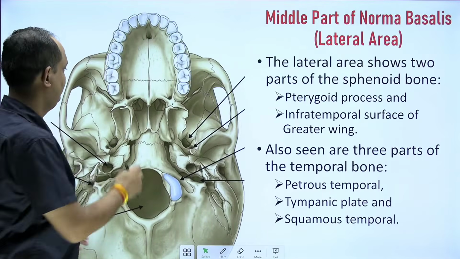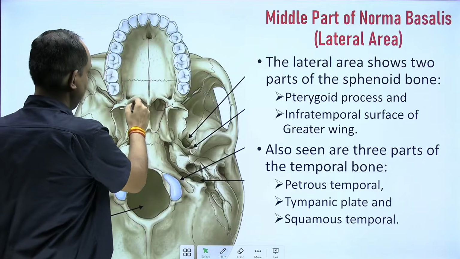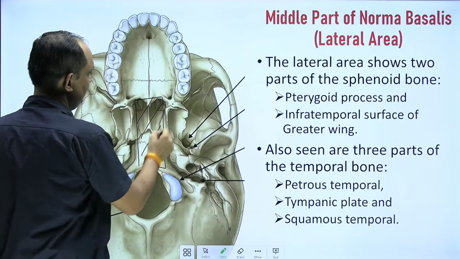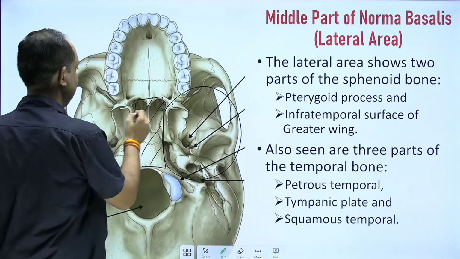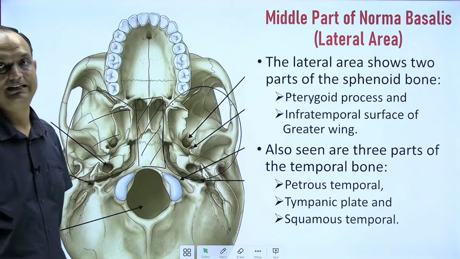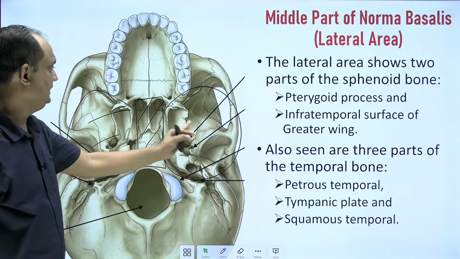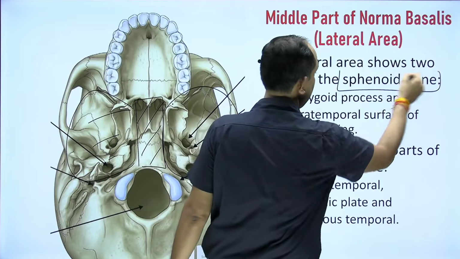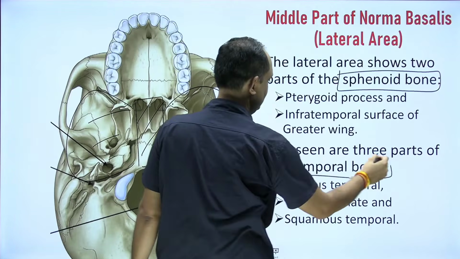Now, when you finish this middle part, we will move to the lateral sides of the middle portion of the norma basalis. In these areas, you mainly have the sphenoid bone and the part of temporal bone.